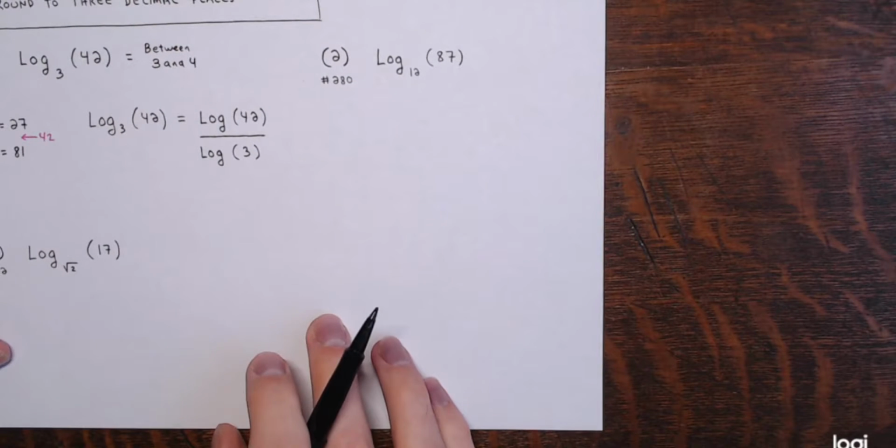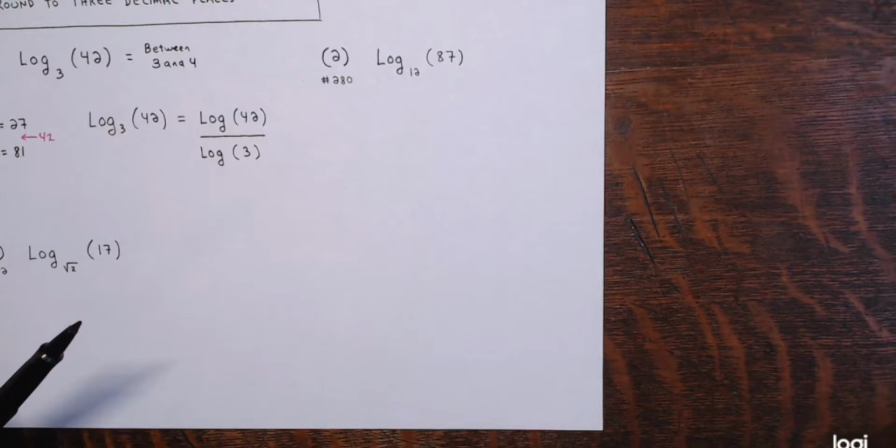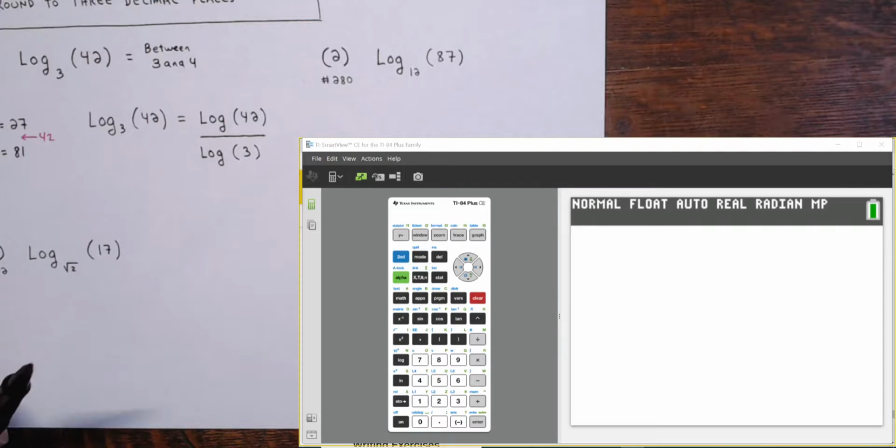So I'm going to pull up a calculator. I have a TI-84 Plus emulator. And let's see. We'll take the log base 10, just the log button, of 42, and then divide that by the log base 10 of the original base.